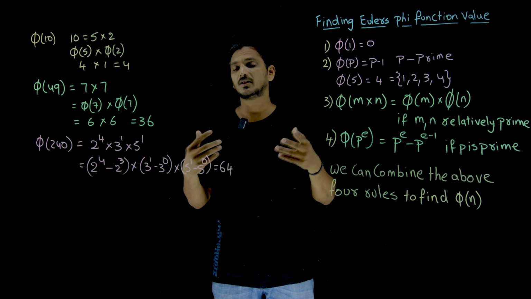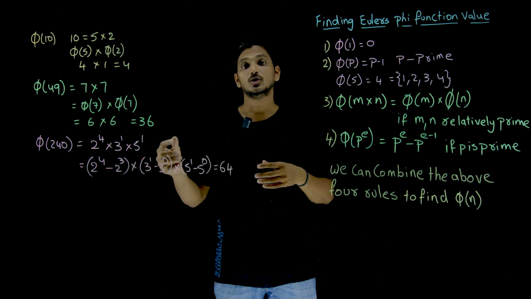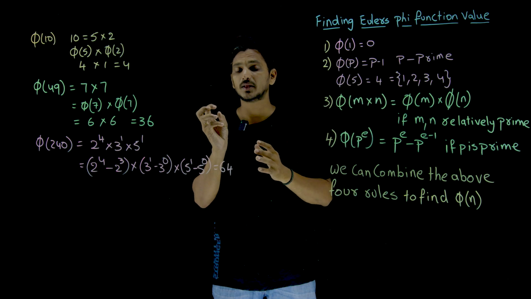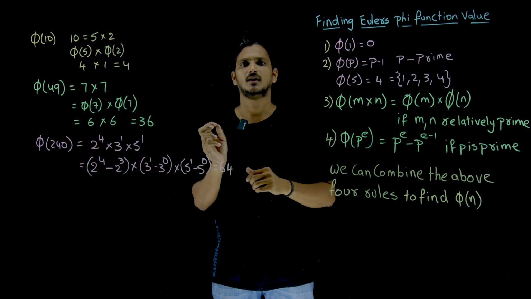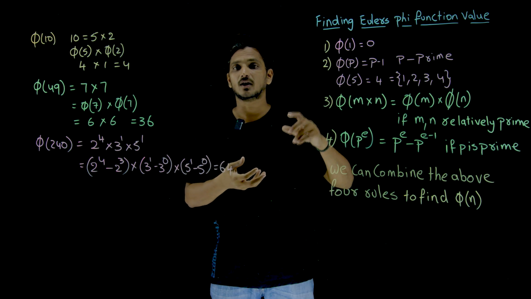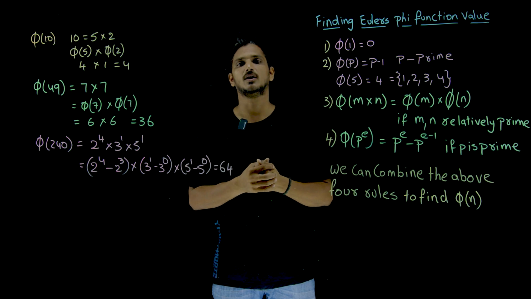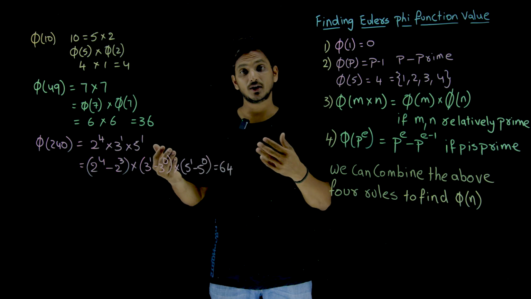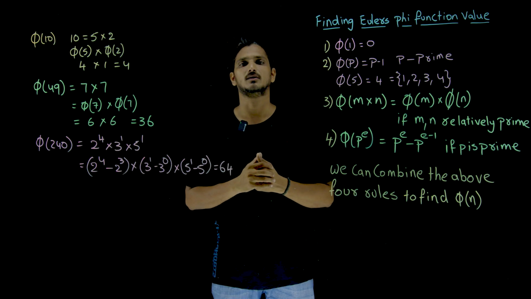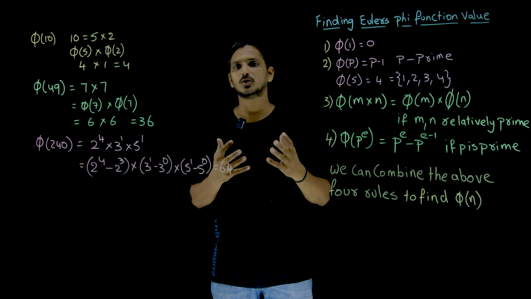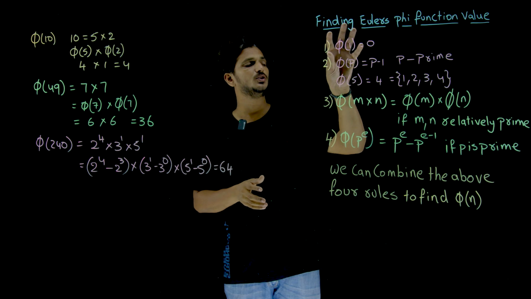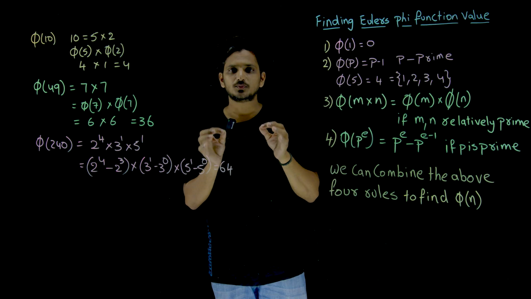So in order to identify the Euler's phi function value, we have to write the number in the form of prime numbers. But in our last classes, we clearly discussed that identifying a prime number for a large number is an exponential time algorithm. Identifying the factors for a given number is also an exponential time algorithm. So it is not possible to write an algorithm that can execute in polynomial time for finding the Euler's phi function value.